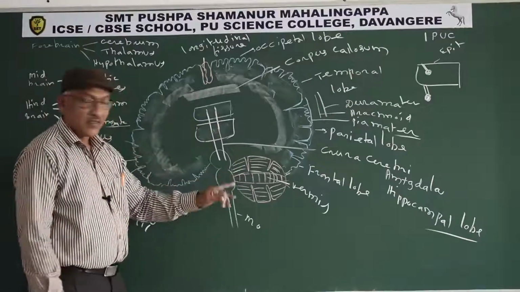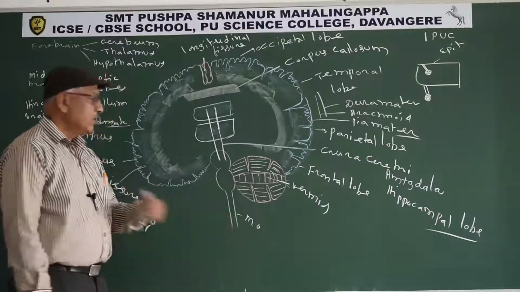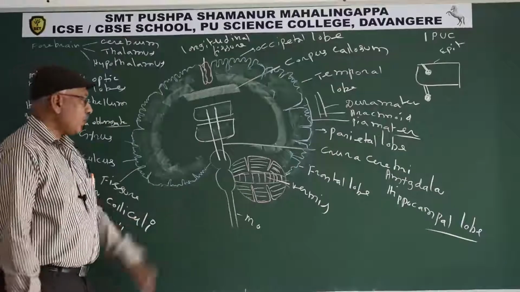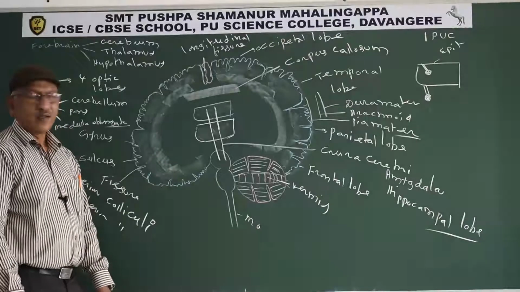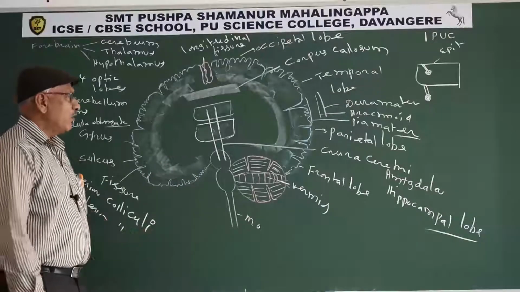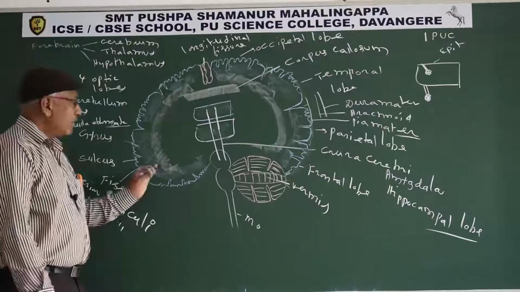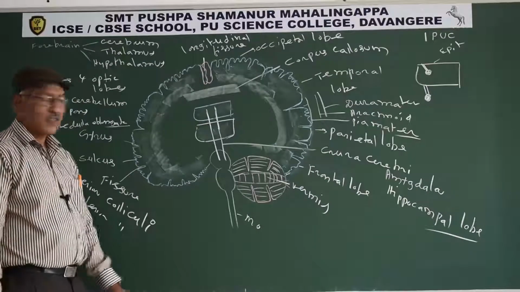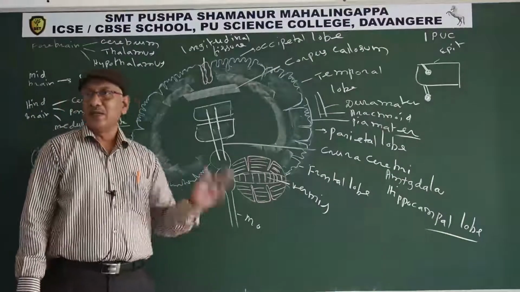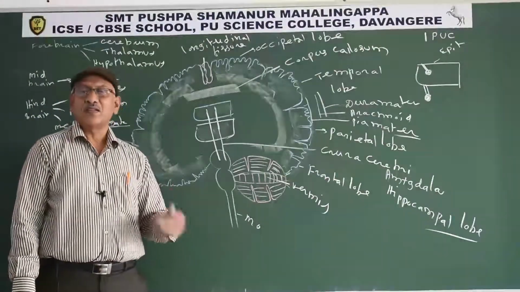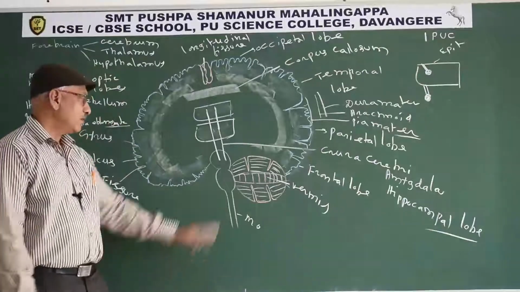Similarly, as a relay station between the cerebellum and the spinal cord. Pons varolii contains the pneumotaxic center. Whenever the hydrogen and carbon dioxide concentration increases, at that time pons varolii increases the breathing rate, to eliminate the excess amount of carbon dioxide and hydrogen cations.